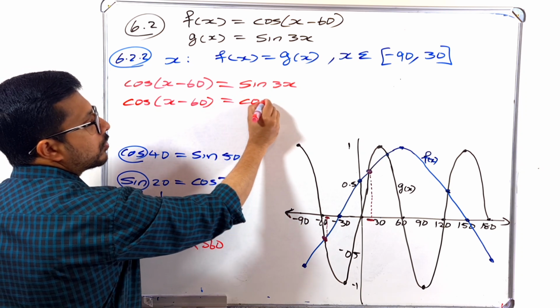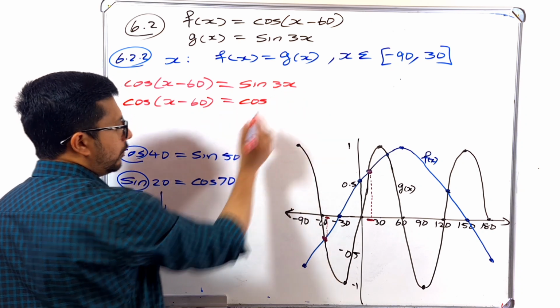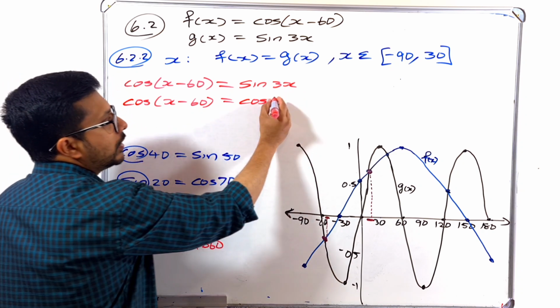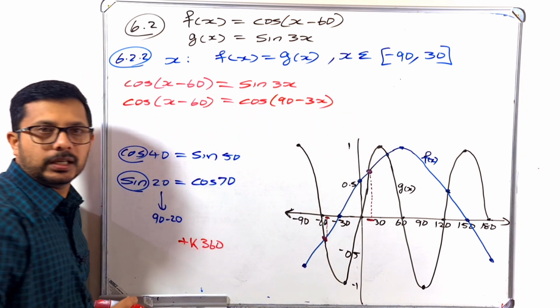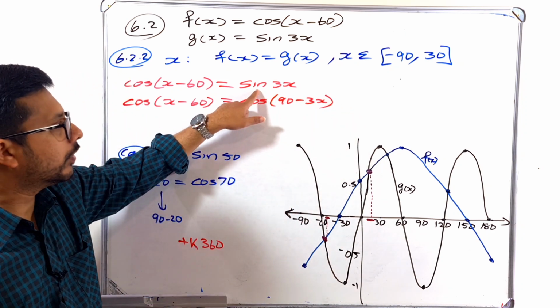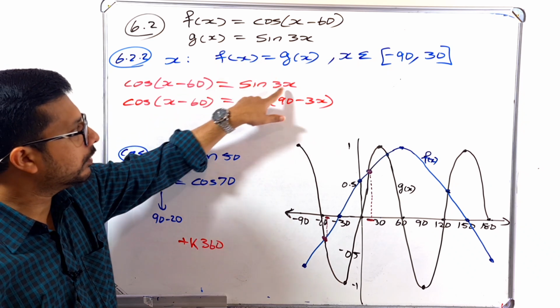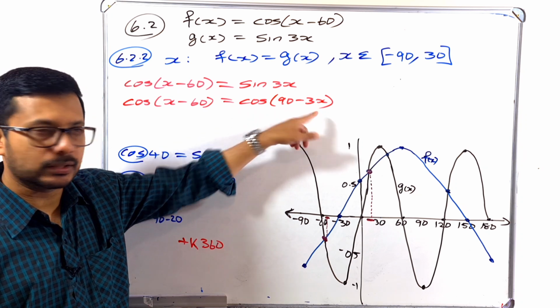So it is cos of, how can I write this sine 3x as cos? Like what I said here, you have to subtract from 90. So it is 90 minus the angle, which is 3x. So this is how you can convert sine into cos, or cos into sine, also same thing. Okay, so sine 3x is the same as cos of 90 minus 3x.